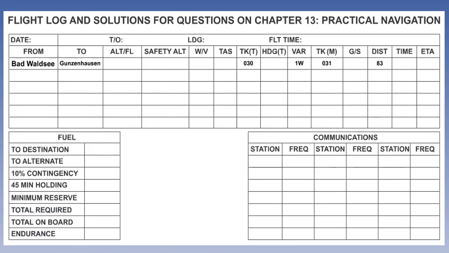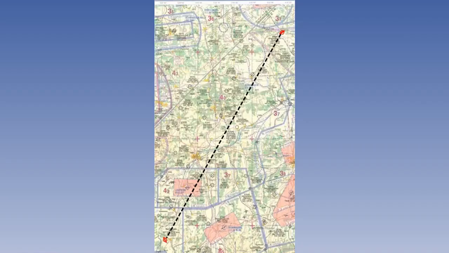In the next section, we will examine the safety altitude. The safety altitude is calculated to ensure we have an adequate safety margin above the highest terrain either side of the track. It will indicate the lowest safe altitude we can use along the track.